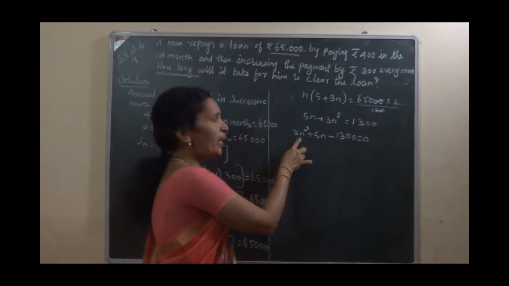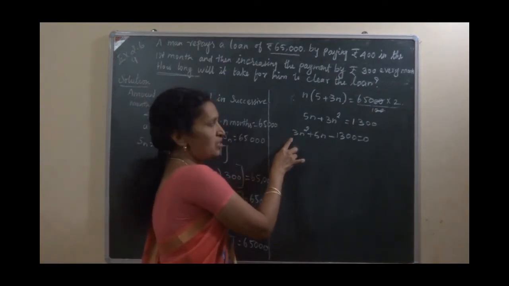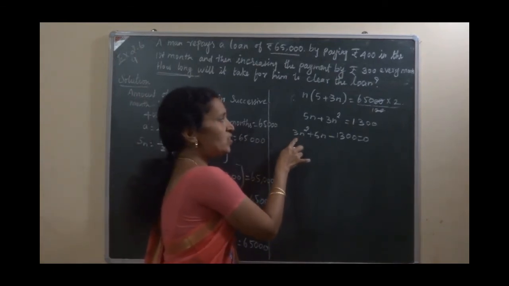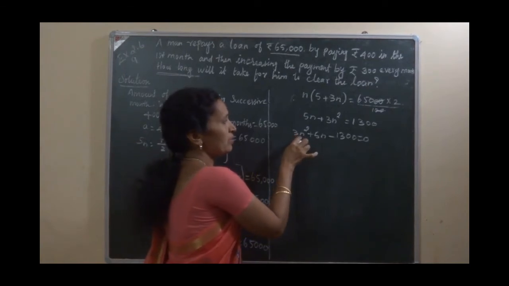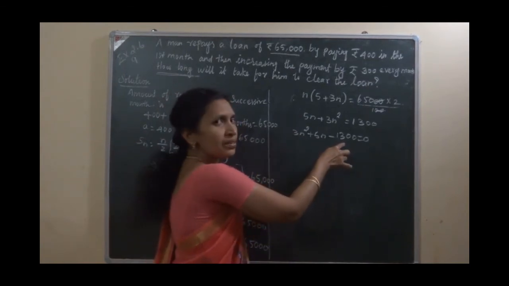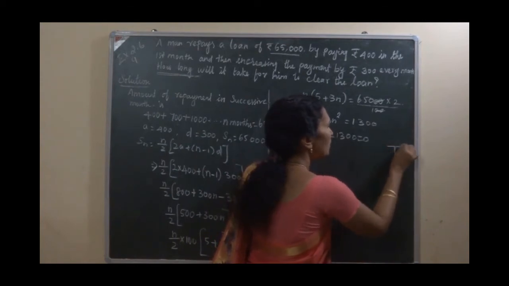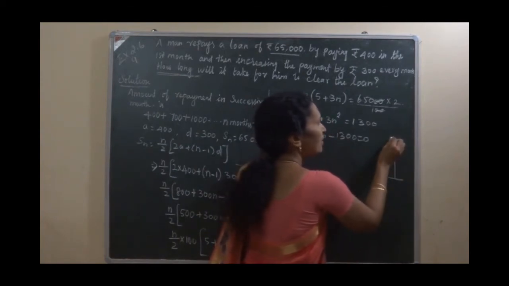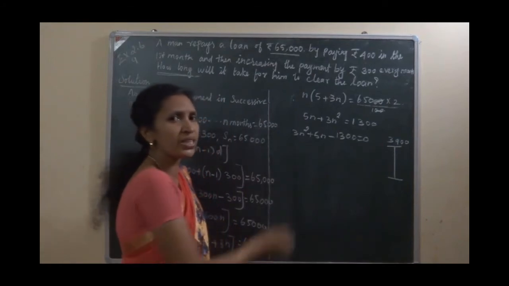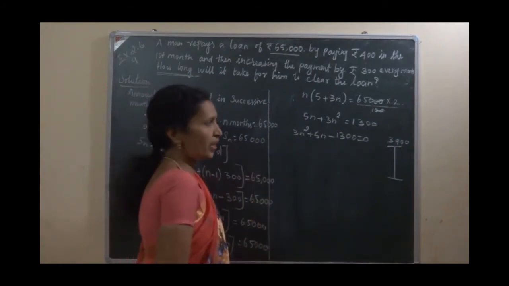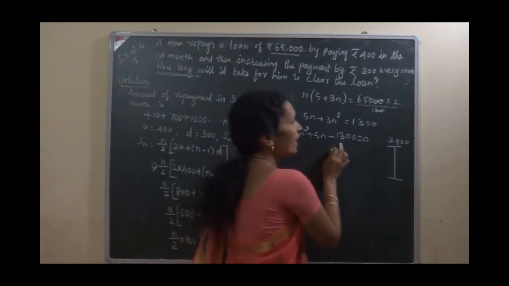This is a quadratic equation. The coefficient of n square is 3, so you must multiply 3 by 1300. What's the value of 3 into 1300? 3900. Using factorization, you have to solve for the n value.